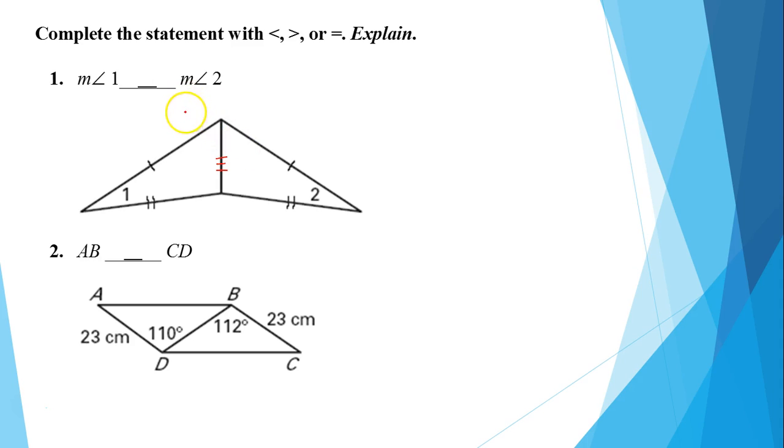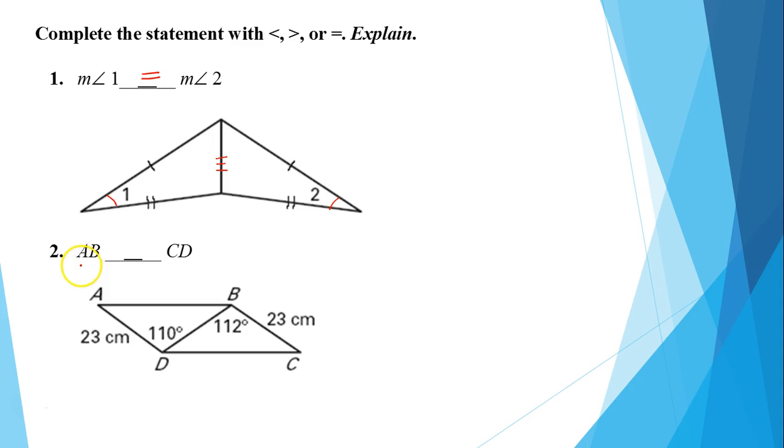So the measurement of angle 1 and the measurement of angle 2, if we know that these two triangles are congruent to each other, then their angles are also going to be congruent to each other. That's just because the triangles are congruent, so their corresponding angles are congruent. So corresponding parts of congruent triangles is how you would explain that. But the answer to this one is equals.